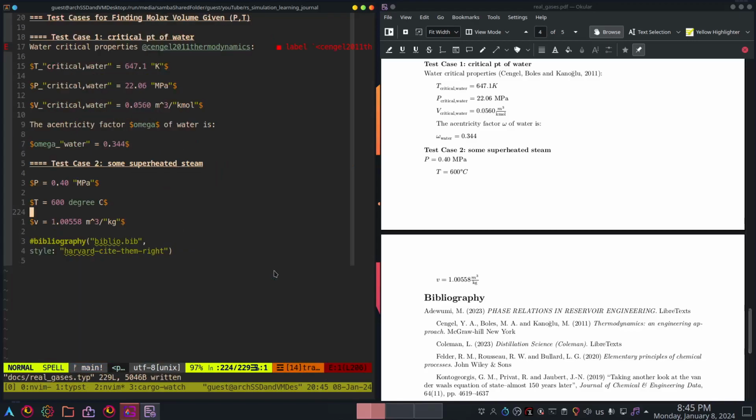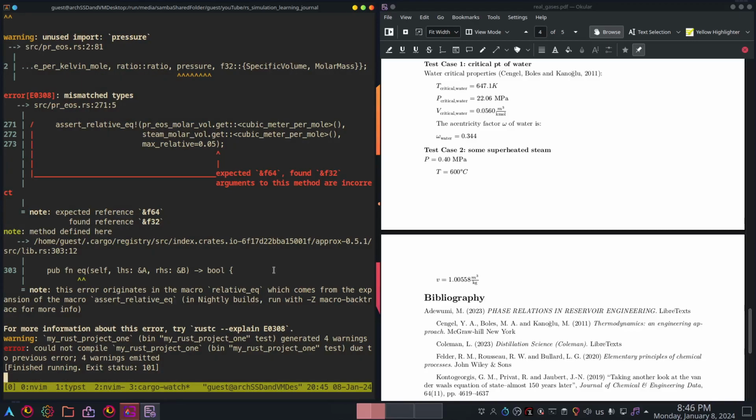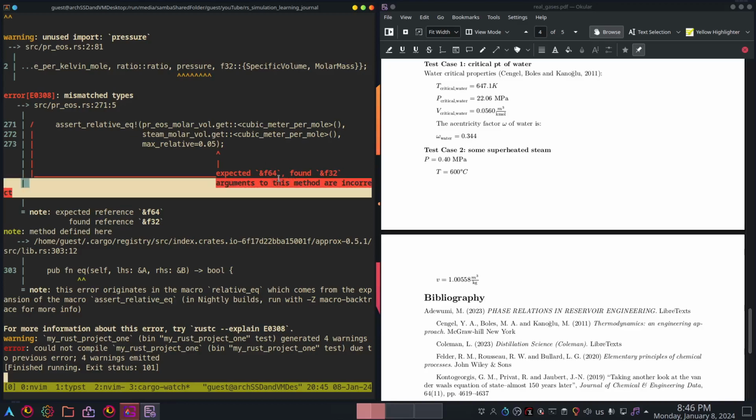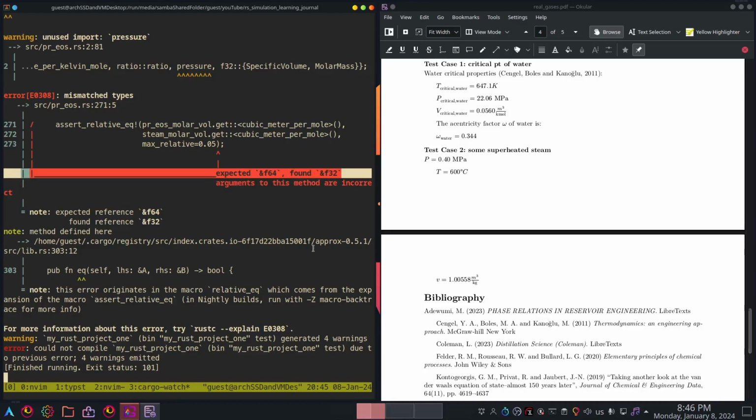Okay, let's see what cargo watch says. It expects F64, but I found an F32 reference here. So I'm looking at F32 specific volume and molar mass.